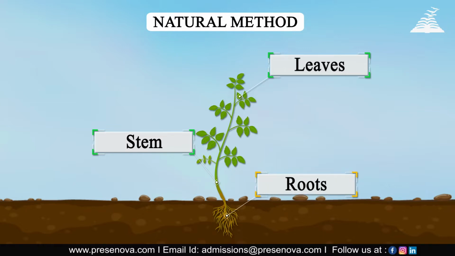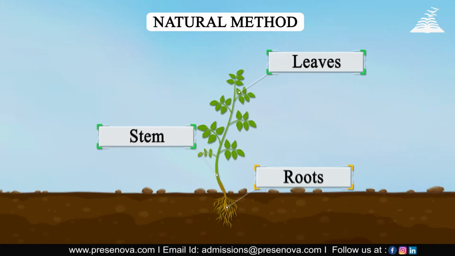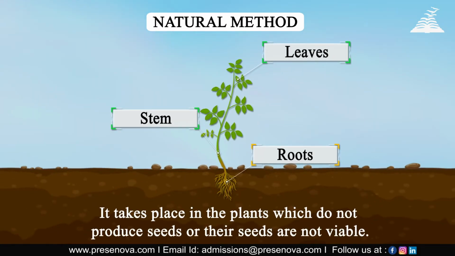This is the method where the plant utilizes the natural resources present in itself, like leaves, roots, and even stem. This method of propagation is called the natural method of propagation. The natural method takes place when there are no seeds available in the plant or the seeds are not viable for those plants.